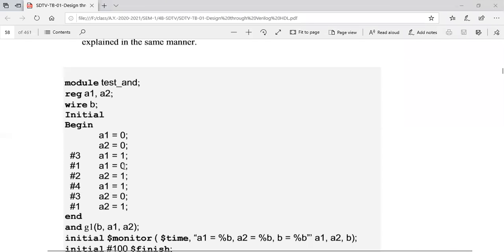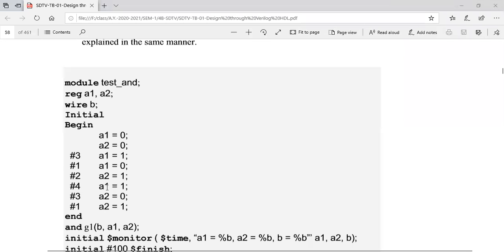So at this point A1 is 0 and A2 is also 0. Next, after 2 time units, we are making A2 as 1. A2 is equal to 1 here and A1 is 0. That means we are verifying the 0, 1 condition.